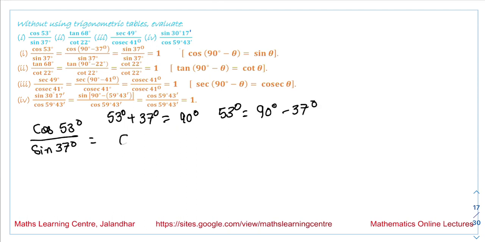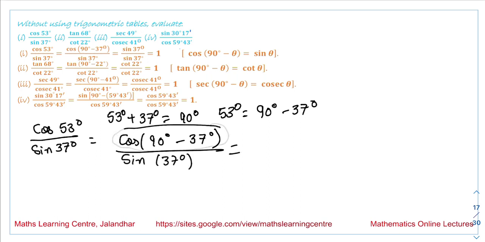So this gives us cos of 90 degree minus 37 degree over sine of 37 degrees. What is this formula? This is cos of 90 minus theta, and by the complementary angles it is equal to sine of theta.